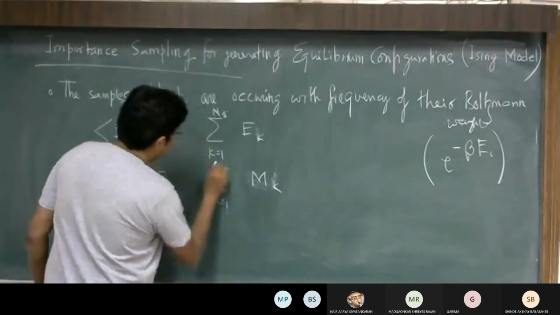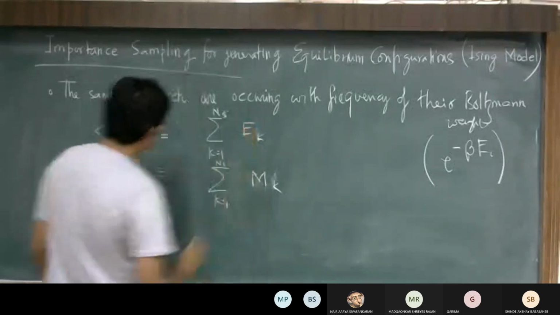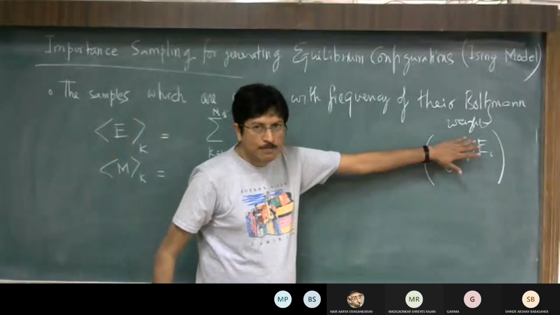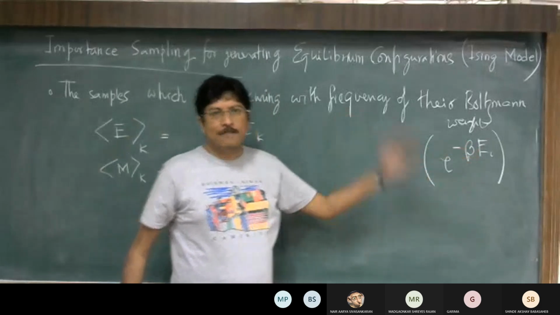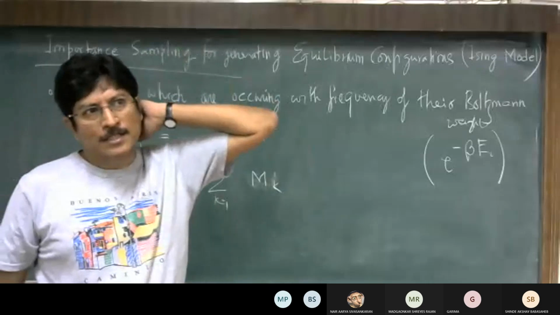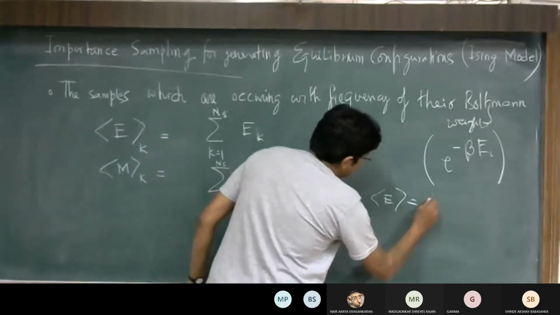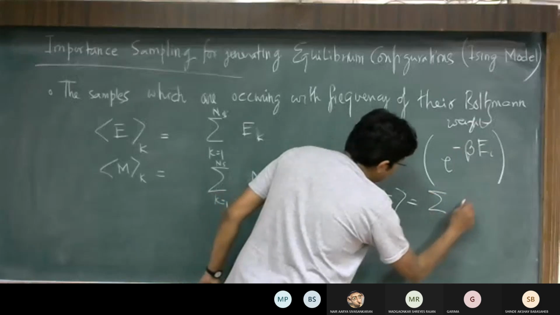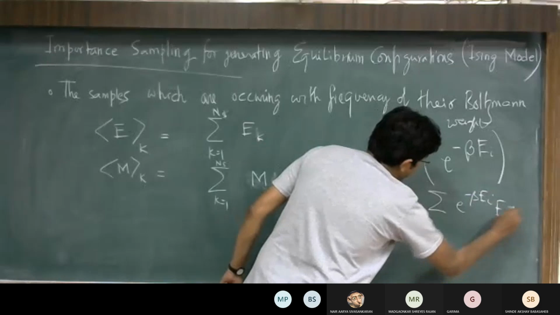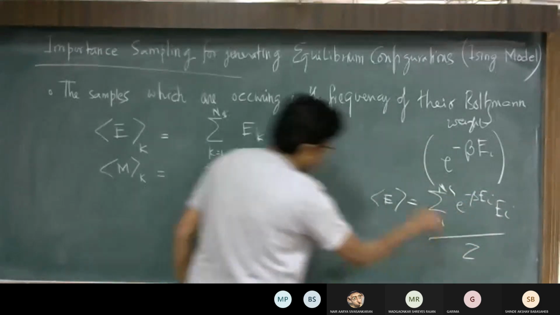And then again, this k sum goes from 1 to Ns. Of course, you notice the change: because the samples themselves are occurring with this particular frequency, unlike in the partition function or calculation of average energy, where if you recall, you had to actually multiply this factor of e to the power of minus beta E in order to calculate the sample.